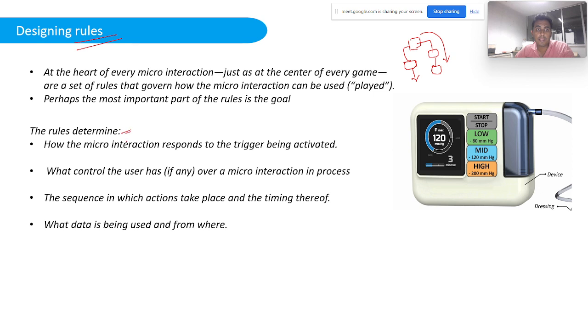Now rules determine how the micro interaction responds to the trigger being activated. For example, when you press this button, what is the outcome? The outcome is it will start the system. Start the system means what? It will start a motor. Now based on what? Based on these parameters.